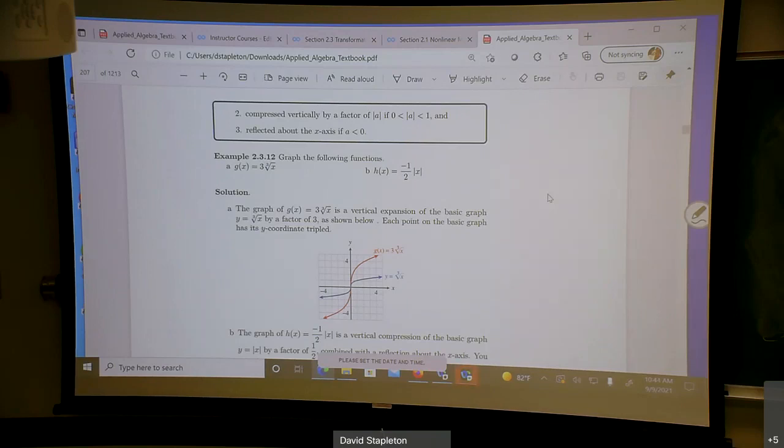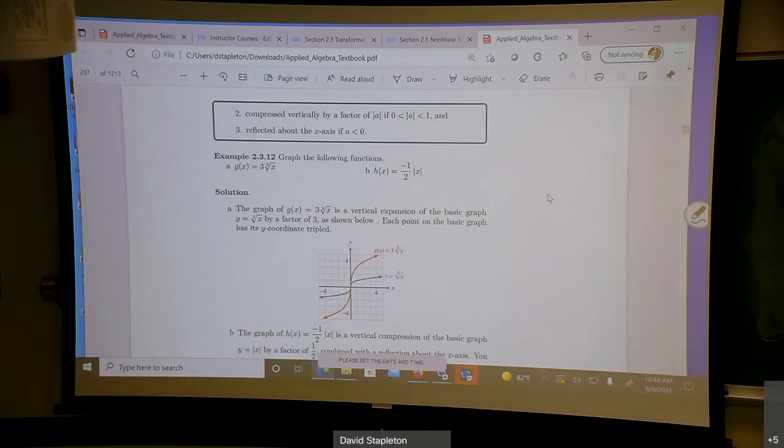This one, I multiply the y coordinate by minus a half, I still get 0, so I get 0, 0. And this one, I multiply the y coordinate by minus a half and get minus 1, minus a half. And look what I get is the same shape, but compressed. It's only half as tall, right? Because it's not the same steepness. So it's half as far from the x-axis and flipped upside down.